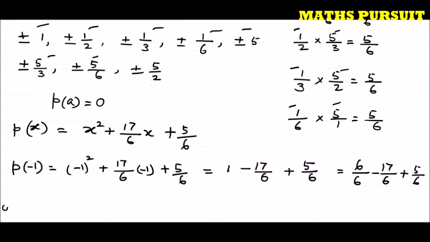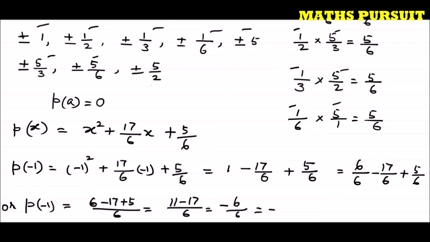Hope till here I am very clear. So P(-1) is equal to (6 minus 17 plus 5) divided by 6, that is 6 plus 5 is 11, minus 17 by 6, which is nothing but minus 6 upon 6, that is equal to minus 1.